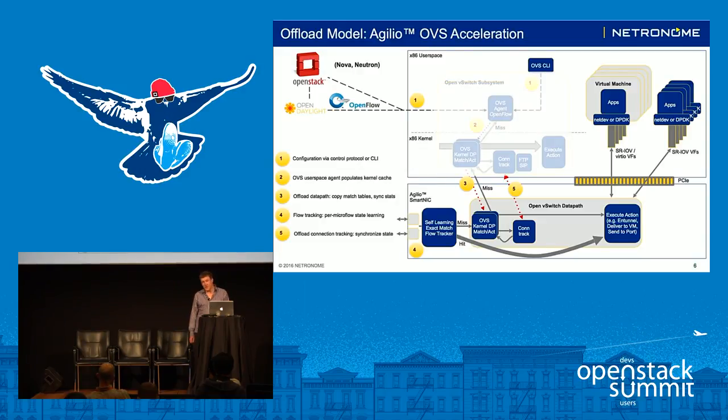Once the first packet of a flow has traversed all of this, the flow entries are set up in the SmartNIC, and the traffic can then be processed autonomously on the SmartNIC for all the remaining packets of a flow.